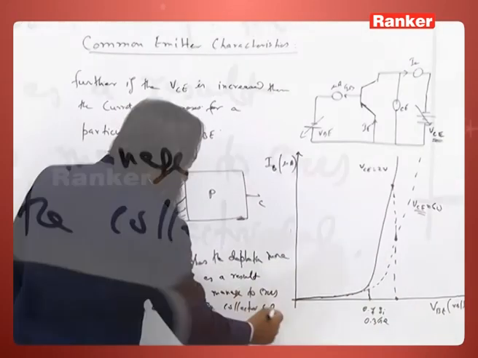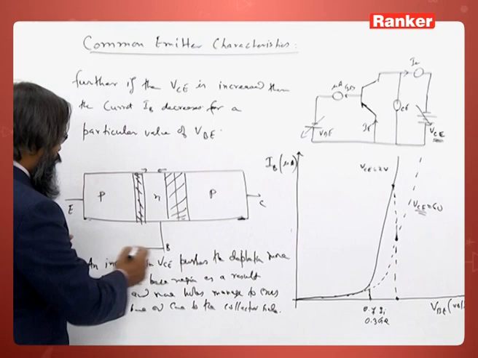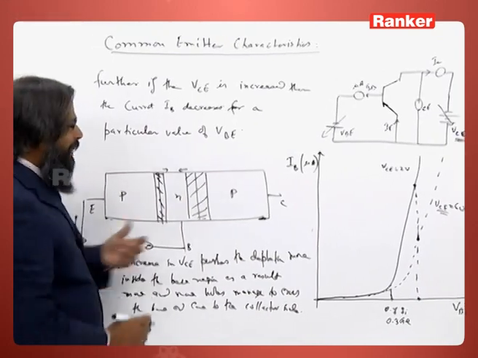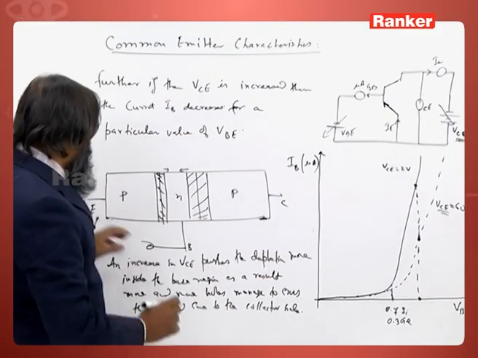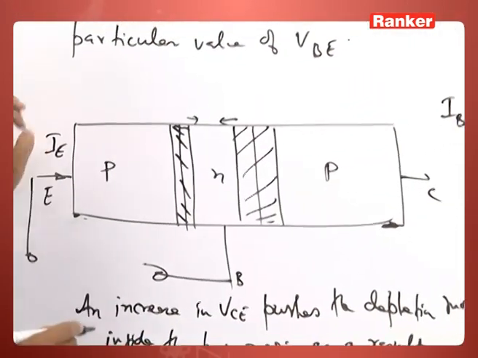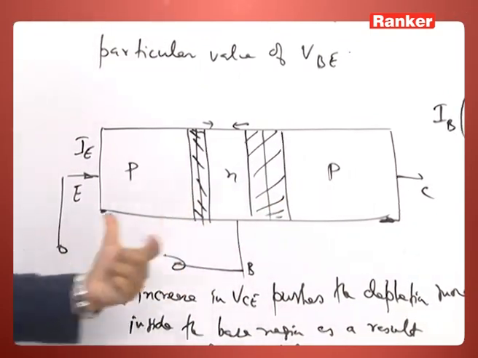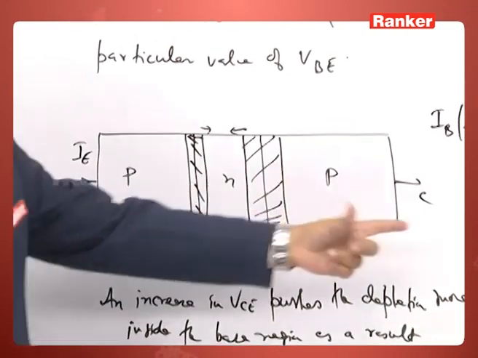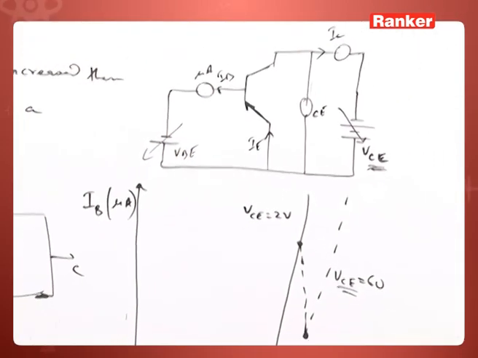You see, I am not changing this voltage here, the emitter base voltage. I am keeping it constant. So, that means I have kept my IE constant. If I keep my IE constant and change the voltage between emitter and collector, VCE, that output voltage, what will happen?